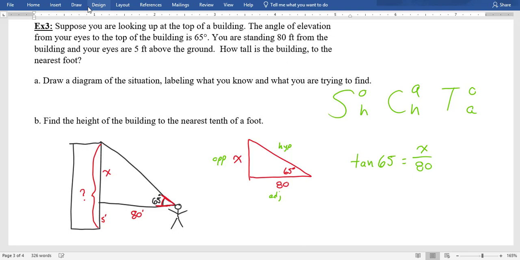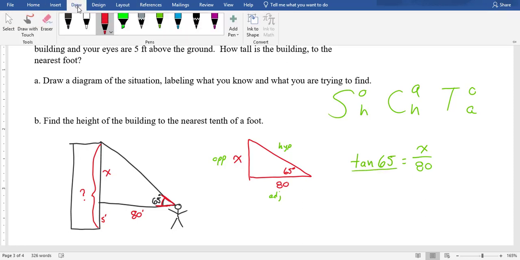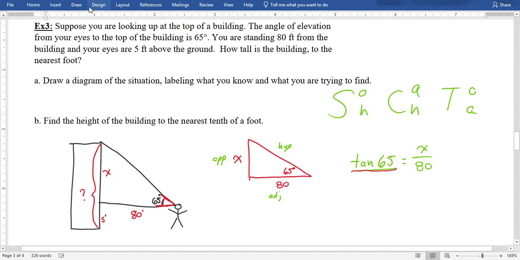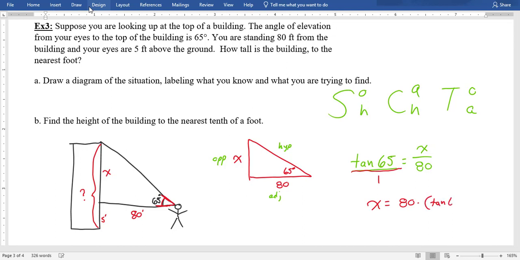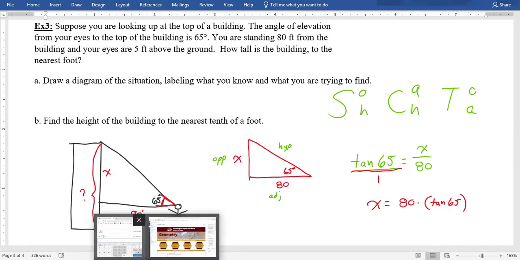When I make both sides a fraction and cross multiply, I get x, the height, or the x value of that triangle, is 80 times tangent of 65. I like to put parentheses around tangent of 65 to remind myself that it is a number.